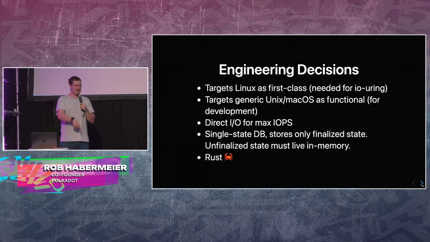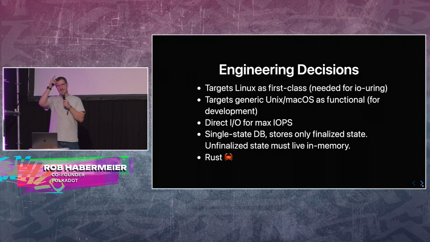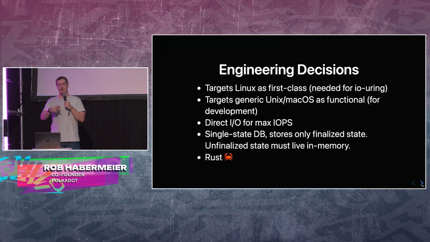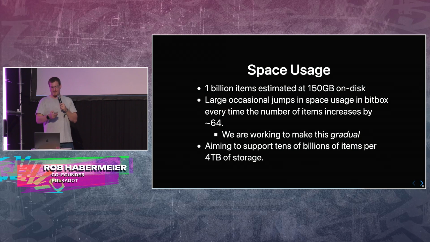And that's also an engineering decision that is becoming very common over the industry. For example, Geth also has a single state database. There are also some facilities for rolling back in case you need to revert finality and stuff like that. But Geth and Reth and Erigon and so on tend to just keep these single states unless they're running in a so-called archive mode. And it's written in Rust.